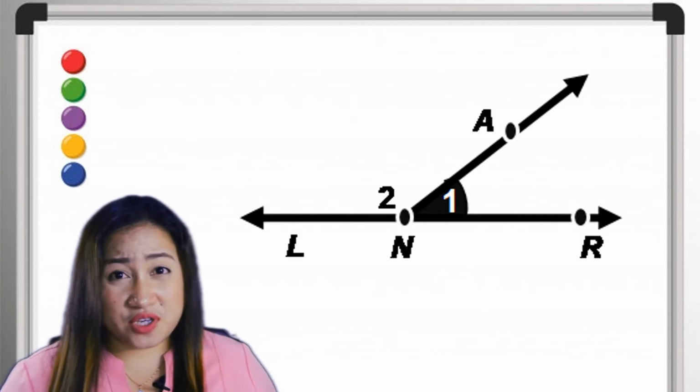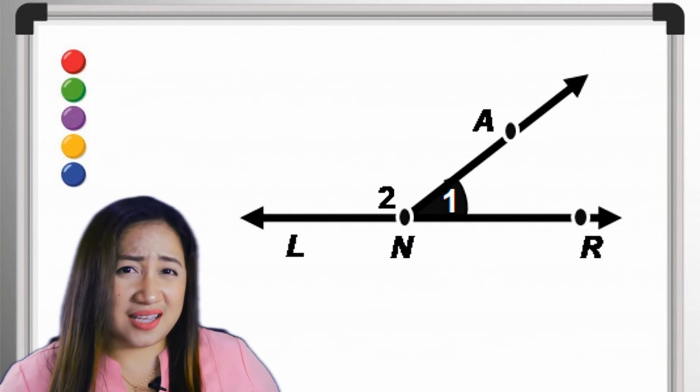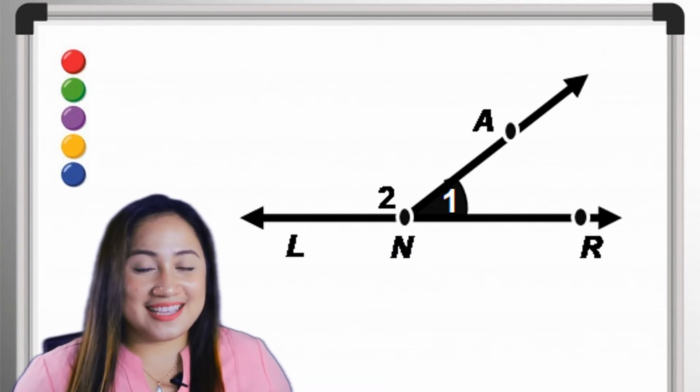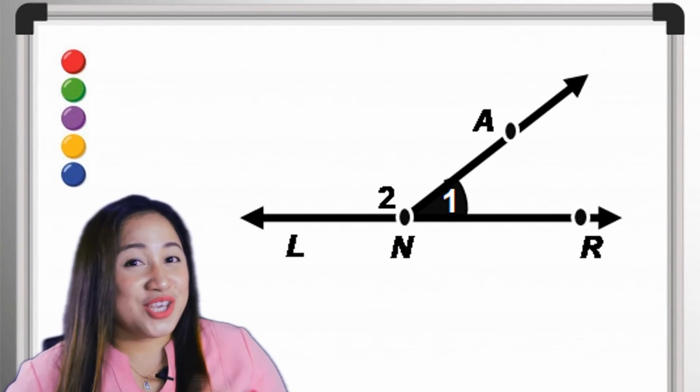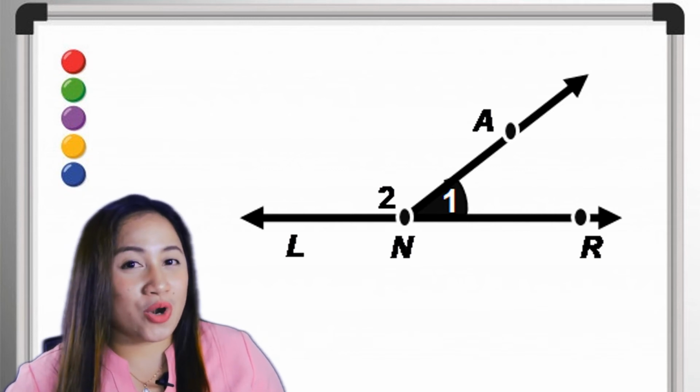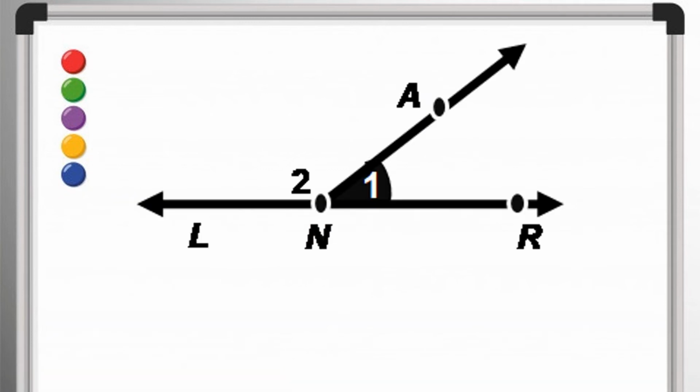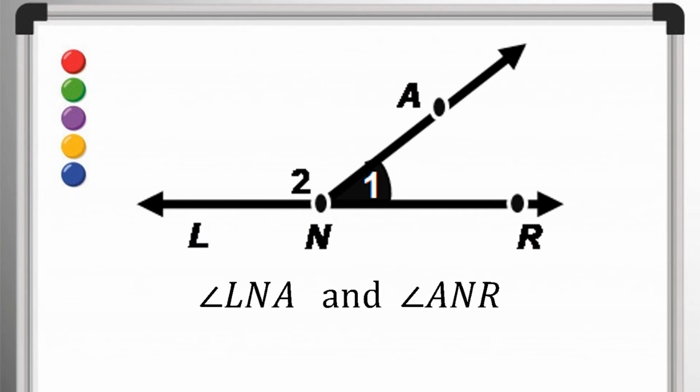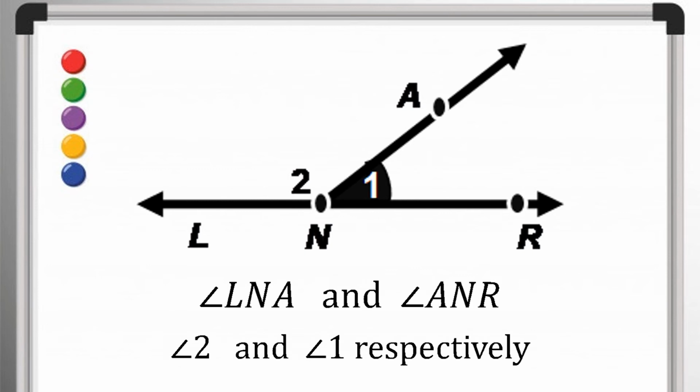Is it the first one or the second one? Well, in this case, we name the angle using the three points or the number. Thus, the two angles can be named angle LNA and angle ANR, or angle 2 and angle 1 respectively.